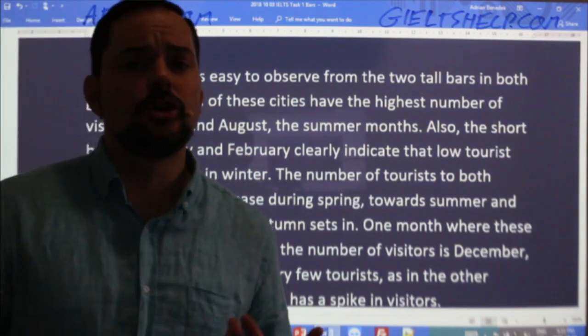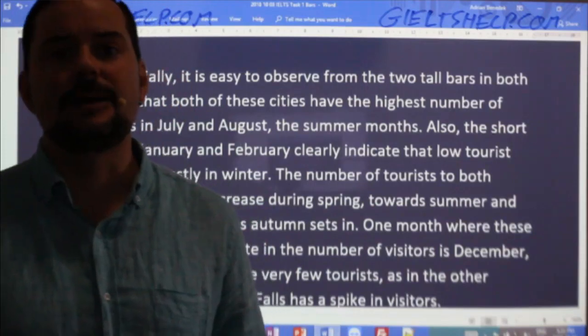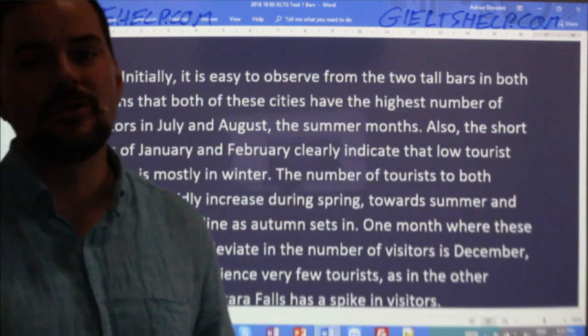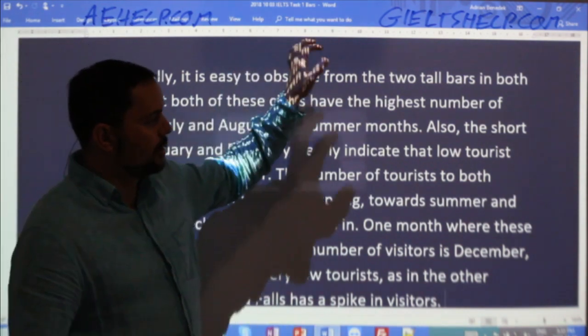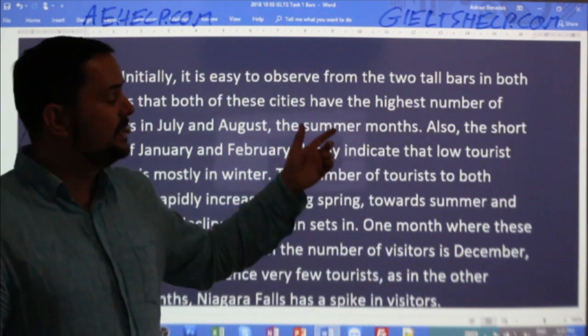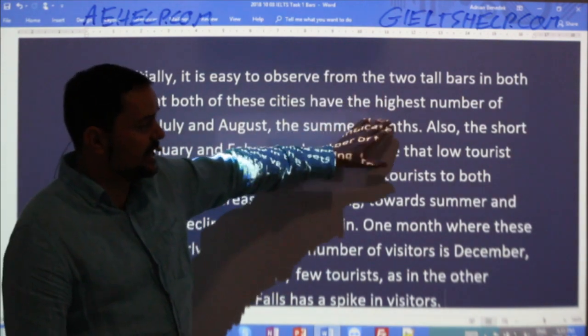Harmeet Singh has a good question here. Harmeet Singh says, sir, can we write each bar chart in separate paragraphs? Yes, you can, but I don't recommend it. If you are to get two bar graphs like this one, I would definitely do the combined comparison and contrast right away.